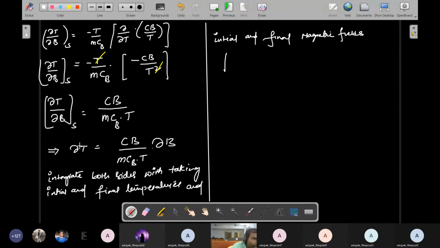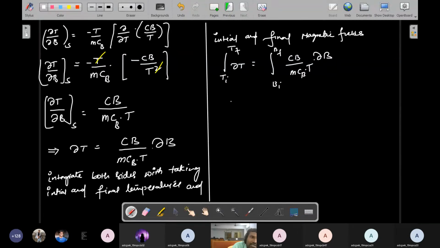Now integrate both sides. The temperature goes from initial temperature Ti to final temperature Tf, and ∂T is equal to the integral over the magnetic field from initial magnetic field Bi to final Bf of C B by m C_B T into ∂B. Here C, m, C_B, T are all constants, so take them outside the integral.